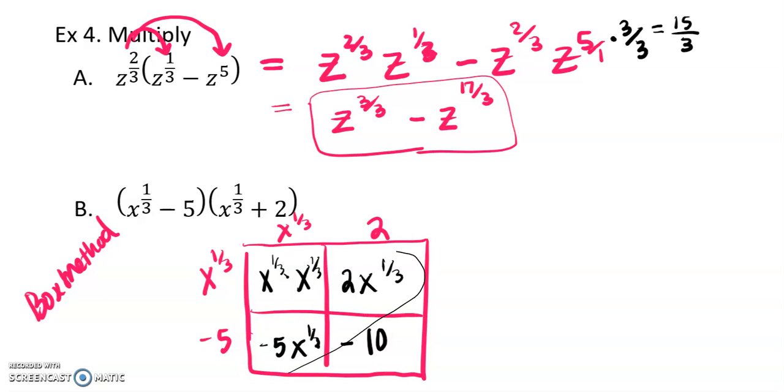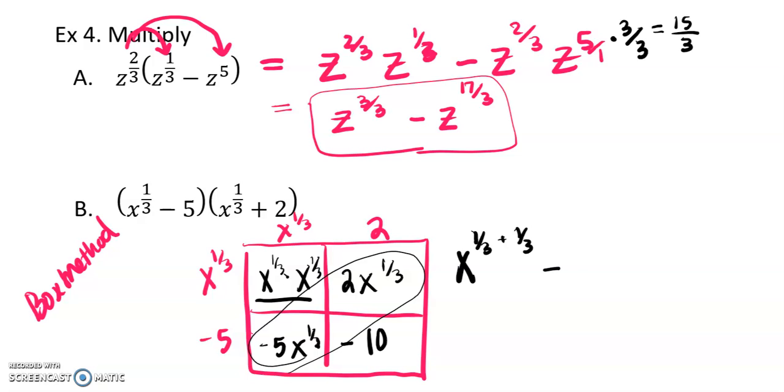Okay, then you're going to notice these are like terms, so we could go ahead and combine those because they both are x to the 1/3. And then here you could add the exponents. So for the first one, you get x to the 1/3 plus 1/3. And then we're going to combine those like terms that I circled.